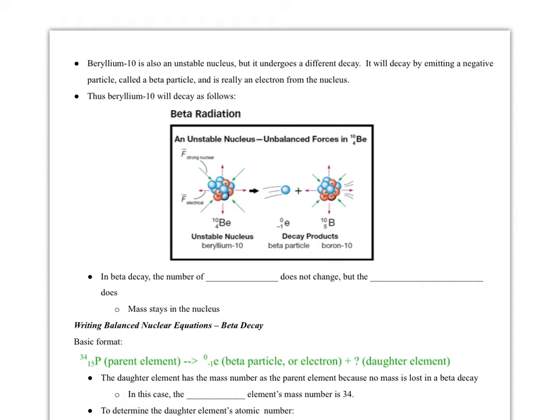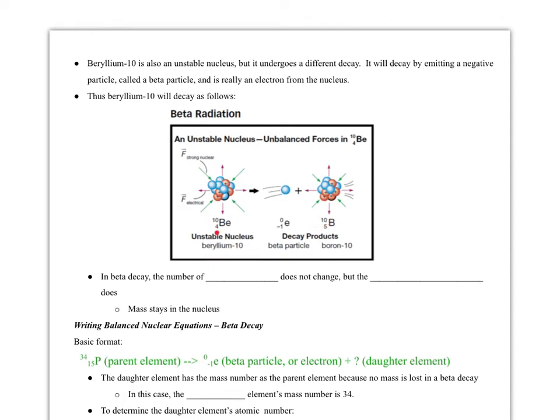So remember that the mass numbers in the products must equal the mass number in the reactant. So because a beta particle has a mass number of 0, we know the mass number of our daughter element will still be the same, so 10.